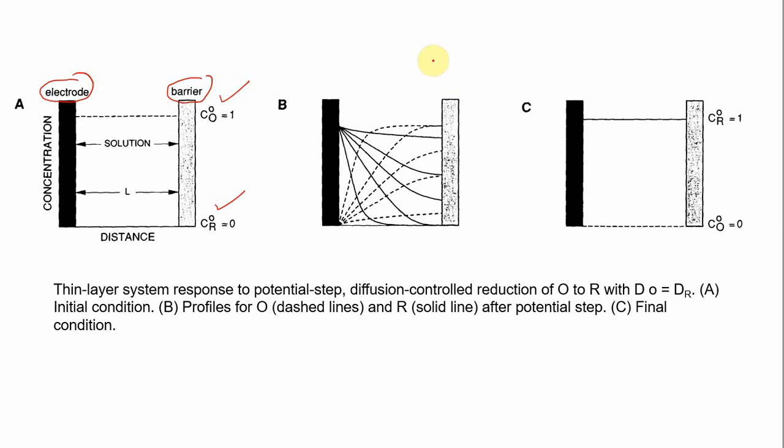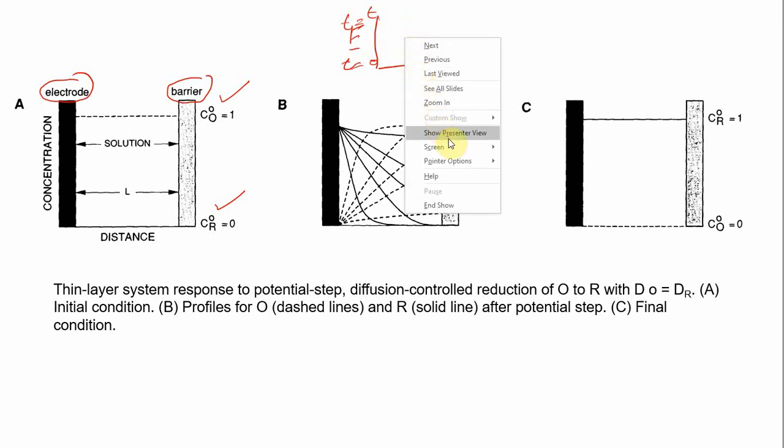And when the potential is stepped, for example, if we have this graph as we were studying, that is at some initial time t equal to 0 and t equal to some time t, I think I need to clear it.